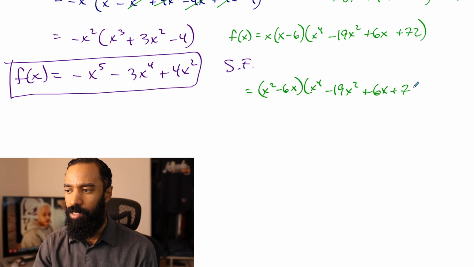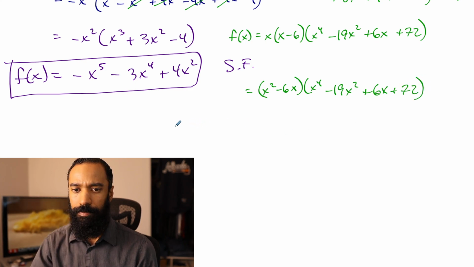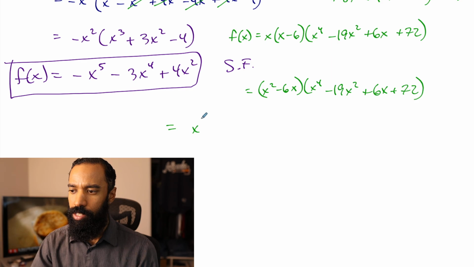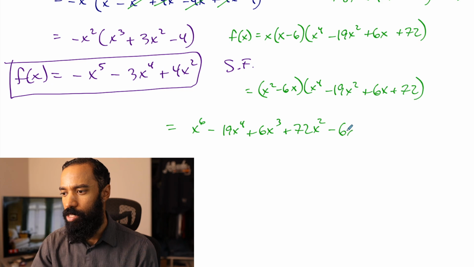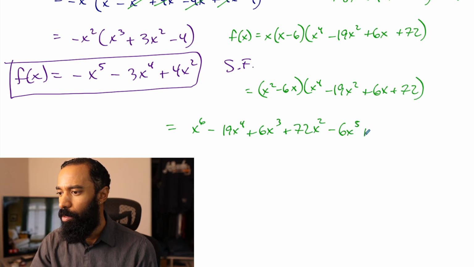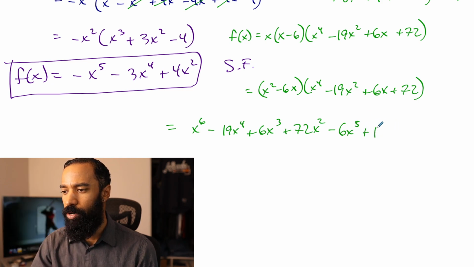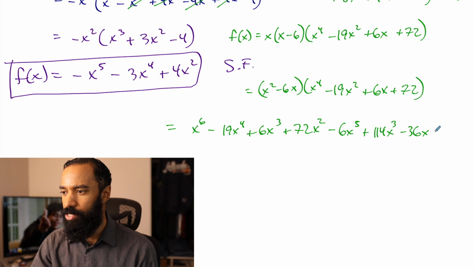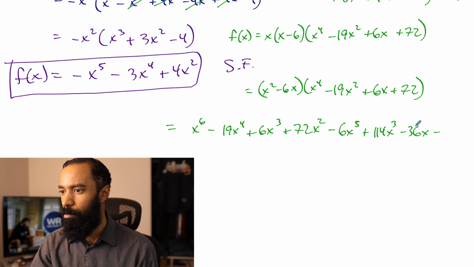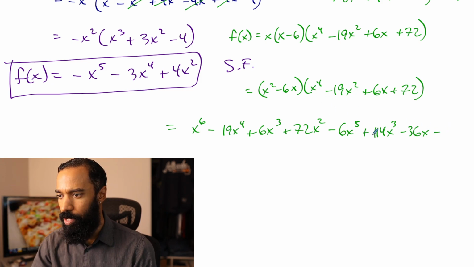Last bits. We're going to have x to the 6th minus 19x to the 4th plus 6x cubed plus 72x squared minus 6x to the 5th plus 114x cubed minus 36x minus, oh, hold on, did I change signs correctly?